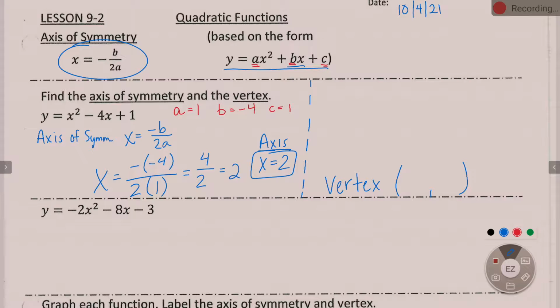Yes. And what is my axis of symmetry? It's x equals 2. Which one is the x value here? The first one. So because my axis of symmetry was 2, or in other words, x equals 2, I know my vertex is 2, comma something.